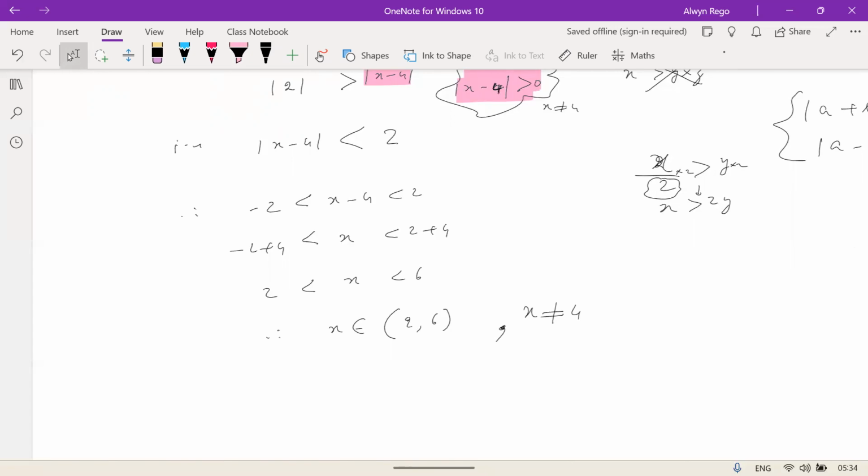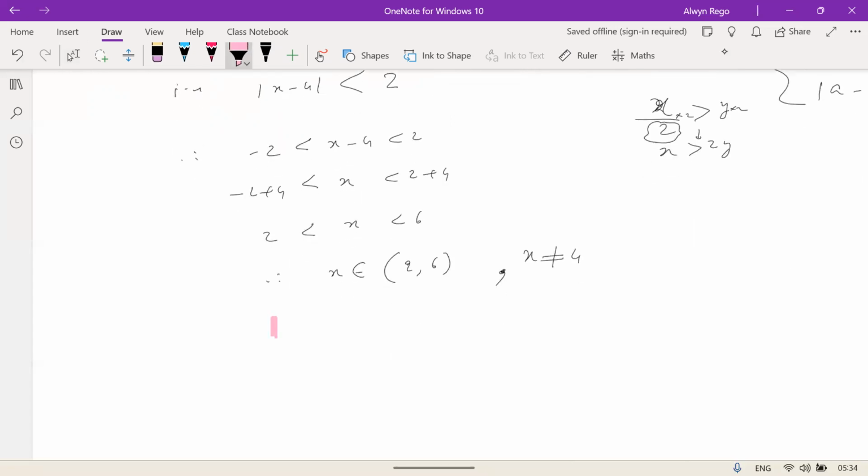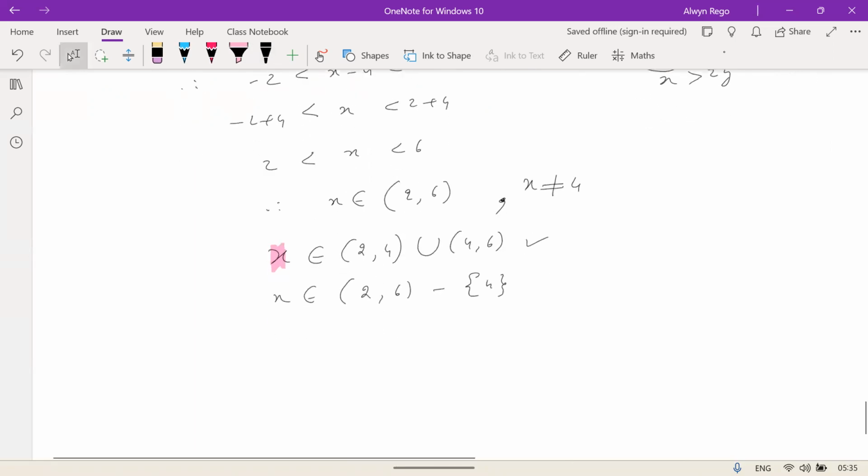So just say comma x not equal to 4. You can also say x belongs to (2, 4) union (4, 6). This is also fine. Or you can say x belongs to (2, 6) minus the singleton {4}, dropping the single number 4.